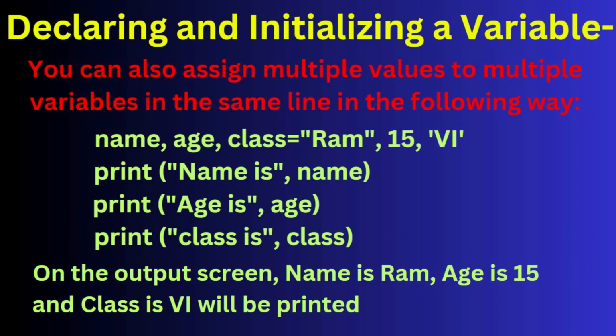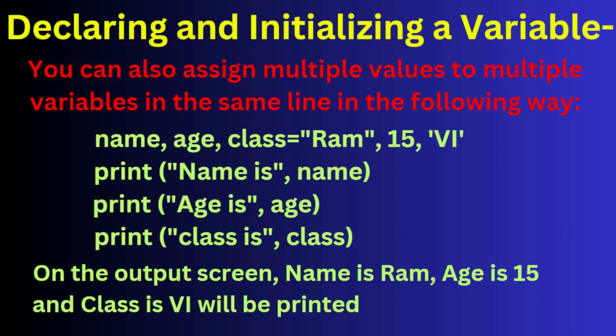We can also assign multiple values to multiple variables in the same line in the following way. Suppose print within quotation name is, then Ram within quotation. Then we put his age and also his class. All the strings must be in quotation, either double quote or single quote.